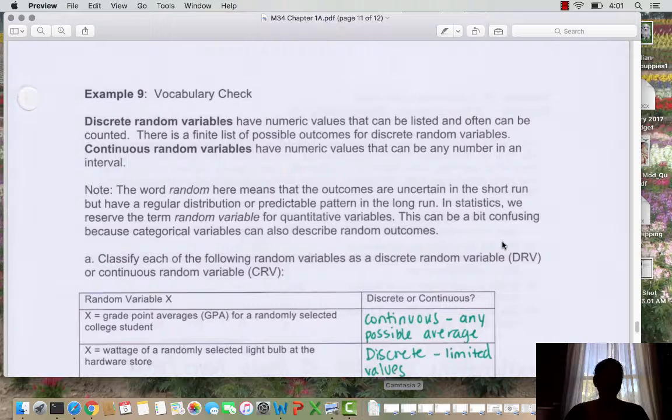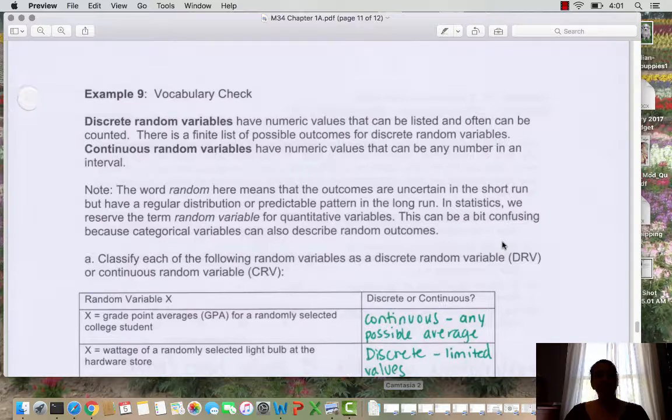If I toss a coin, I don't know in this particular toss if it's going to be heads or tails. It's going to be random. But in the long run, I do know the coin should come up heads about half of the time. In statistics, we reserve the term random variable for quantitative variables. This can be a little confusing because categorical variables can also describe random outcomes.